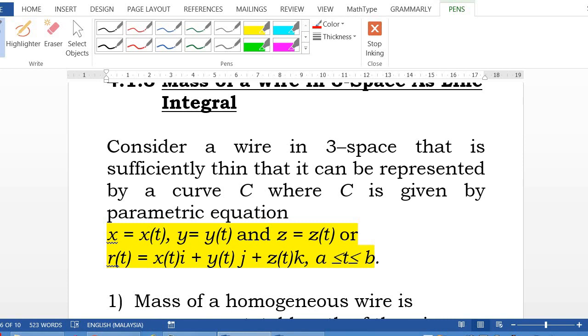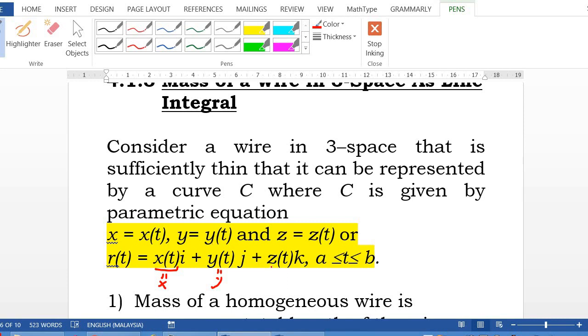The curve C is represented by r(t), which is x(t)i plus y(t)j plus z(t)k. From component i, we let this equal x, so x equals x(t), and component j equals y.